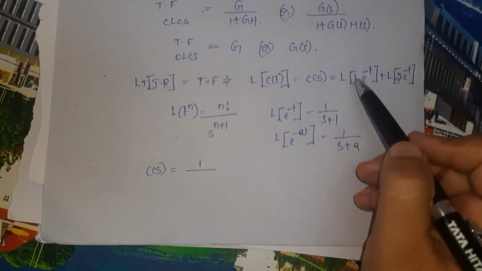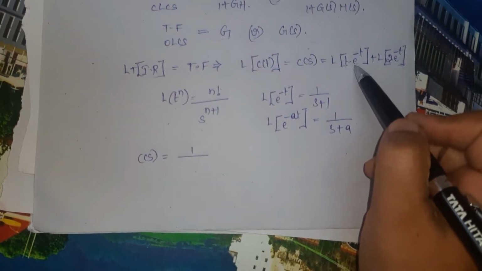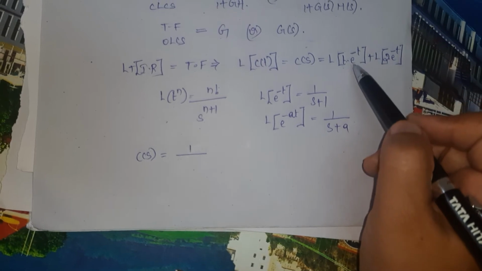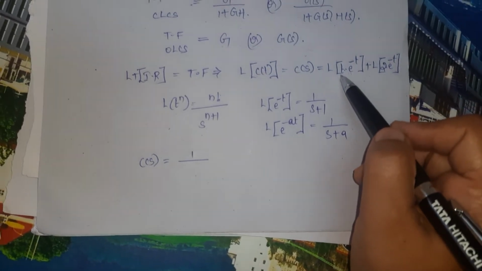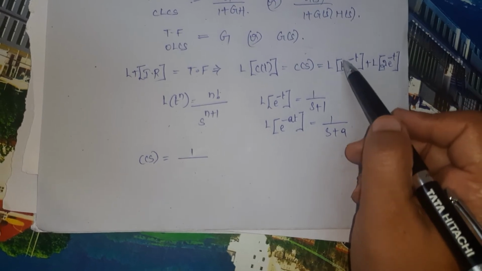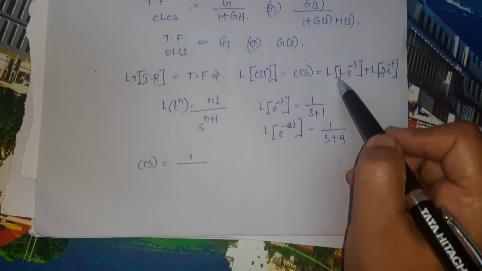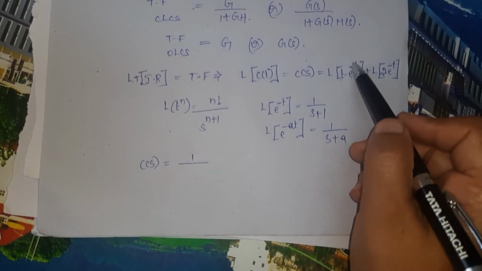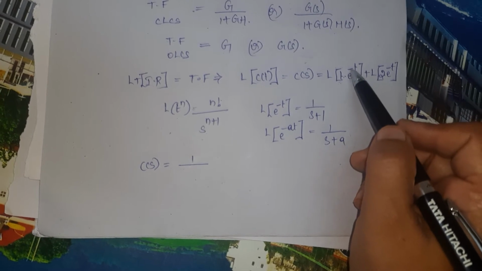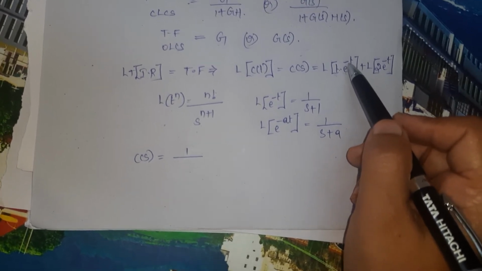If we are having functions like this, function 1 and function 2, where one of the functions is an exponential function, consider it as a secondary function. For the first, primary function, we have to do the Laplace transformation. In that, if we are having any s terms, we have to replace them with the exponential value, either positive or negative, that is s plus a or s minus a, s plus 1 or s minus 1, like that.